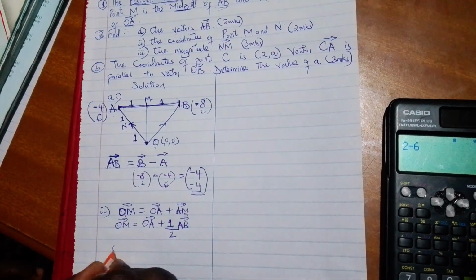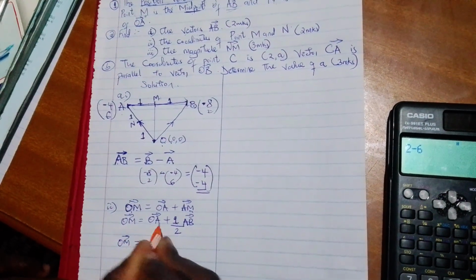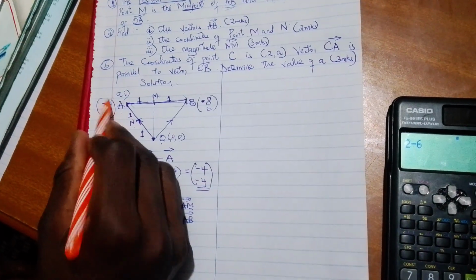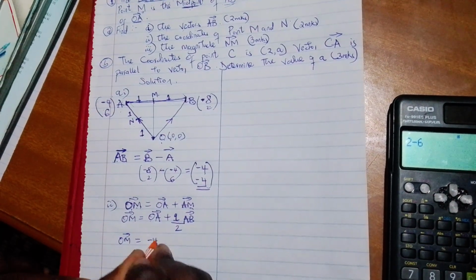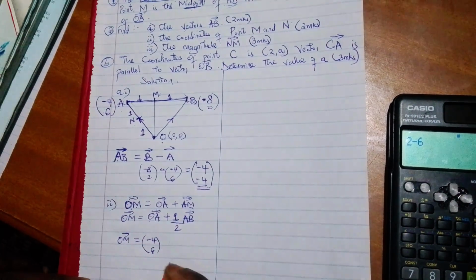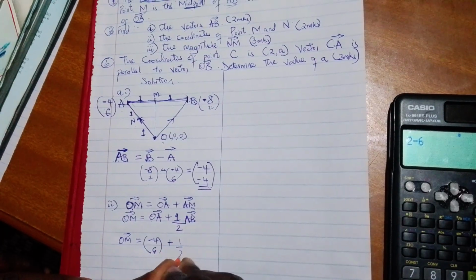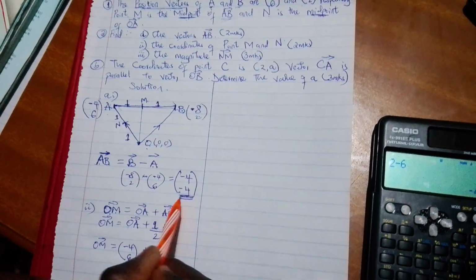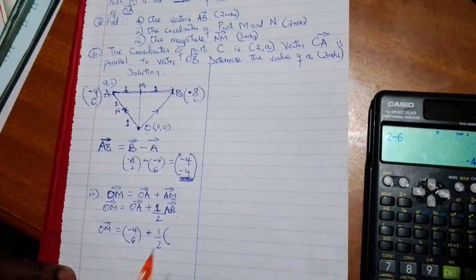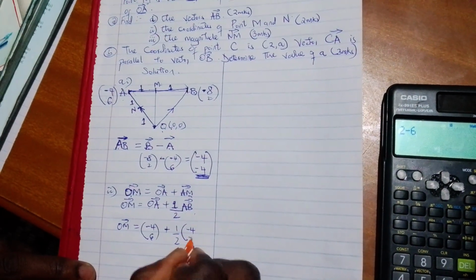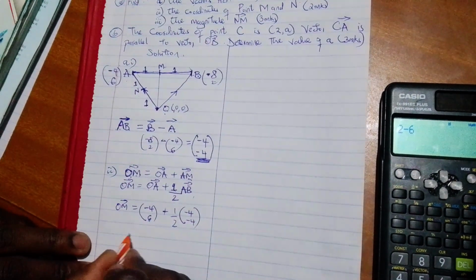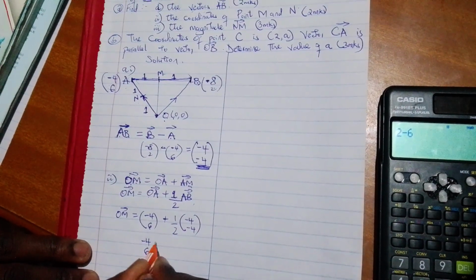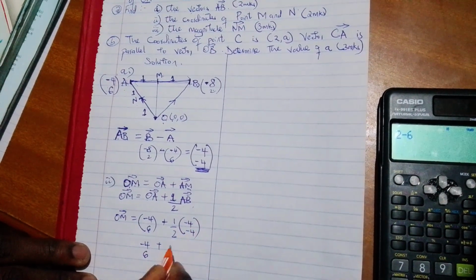So I'll have OM equal to OA, which is the same as the vector coordinates at point A, negative 4, 6, plus half of AB. How do I get AB? Already I have AB at Roman 1: negative 4, negative 4. So I'll have negative 4, 6 plus, what is a half times negative 4? That is negative 2.